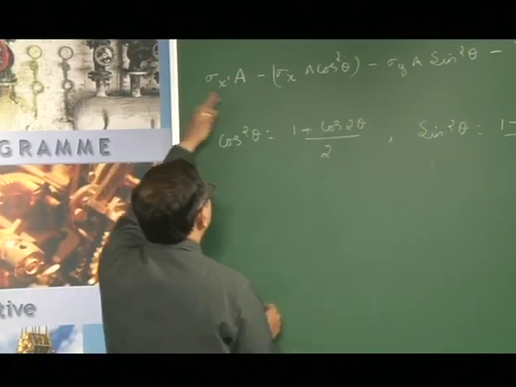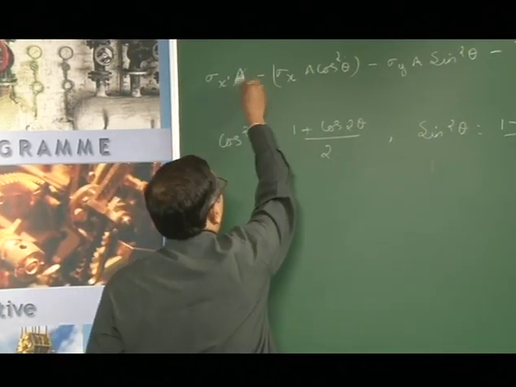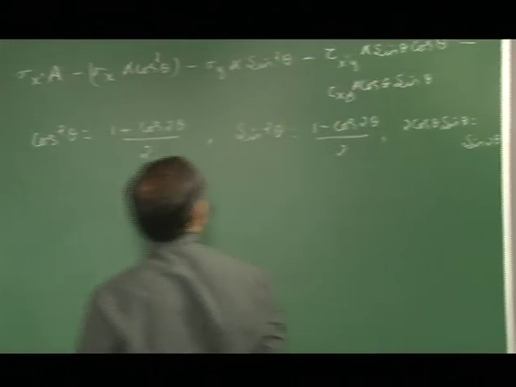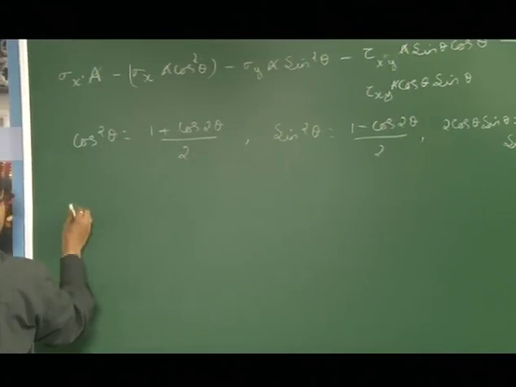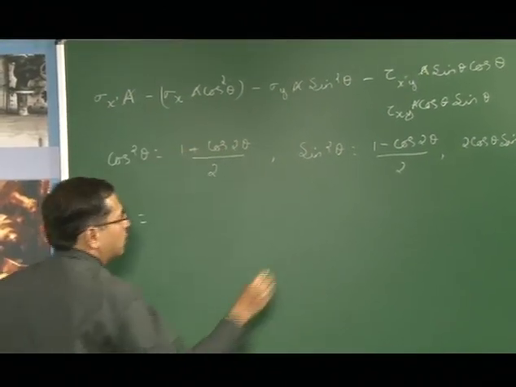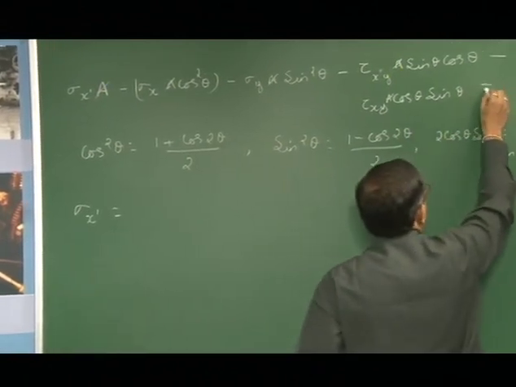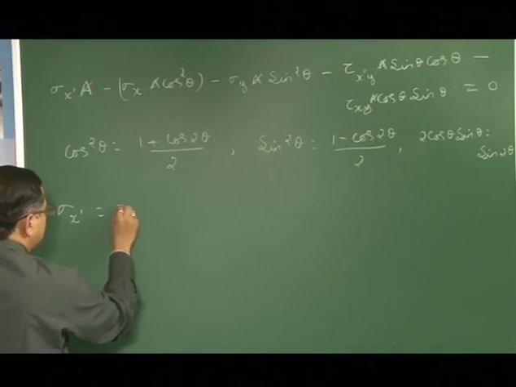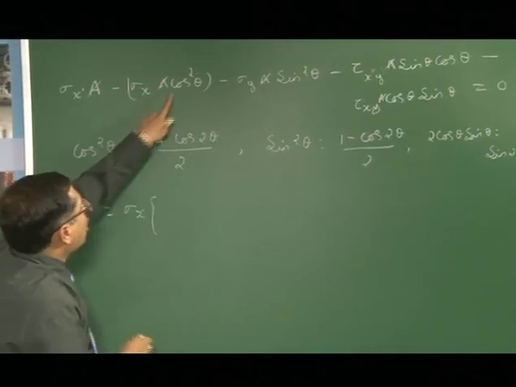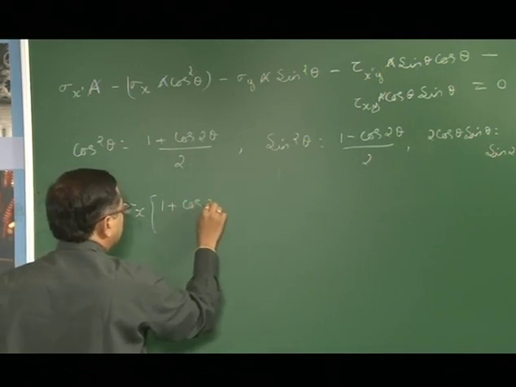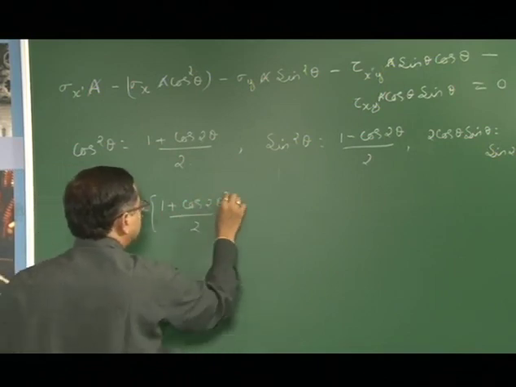I will transfer this to the other side, and you can see that you have the area in all the terms, so I can cancel those terms. So I get sigma x dash equals this. I am transferring it to the other side of the equation because this entire equation should be equal to 0. So we get sigma x into cos square theta, which is 1 plus cos 2 theta by 2.